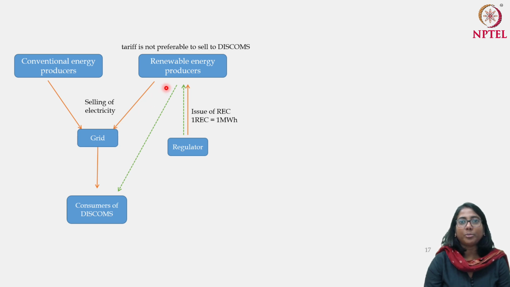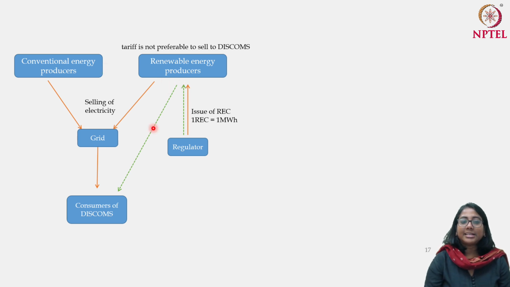They are left with the renewability attribute. Whom do they sell the renewability attribute to? They have multiple options depending upon the exact design of the policy. If the conventional producers are forced to show that they are also producing from renewable sources, then they can sell it to the conventional energy producer, which is oftentimes not the case.